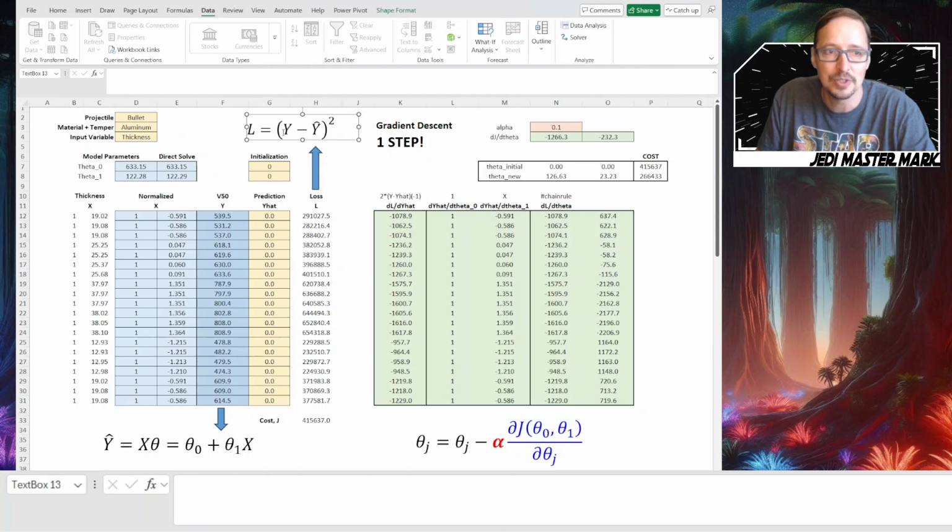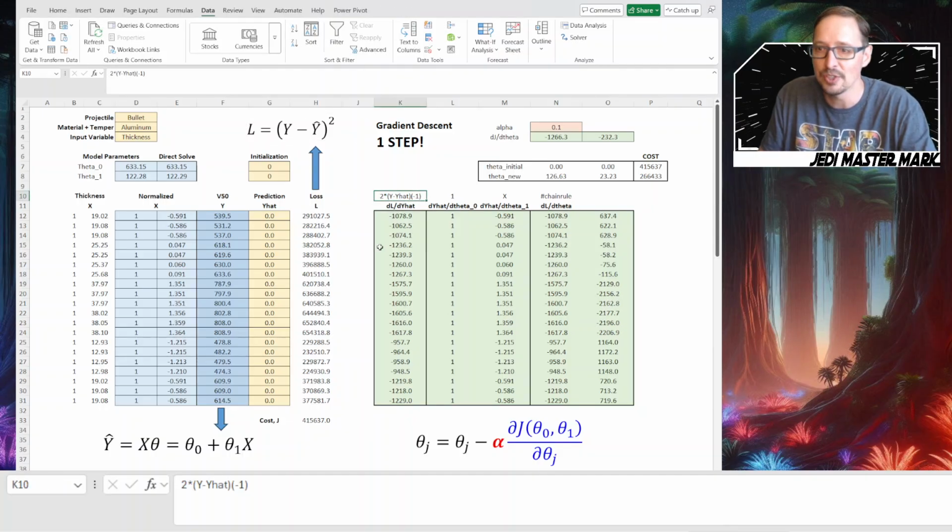So it's 2 times (y minus y hat). Then you reduce the exponent by 1, so that just makes it 1. Then you take the derivative of what's inside. The derivative of what's inside with respect to y hat is negative 1. So you end up with this equation here, 2 times (y minus y hat) times negative 1.